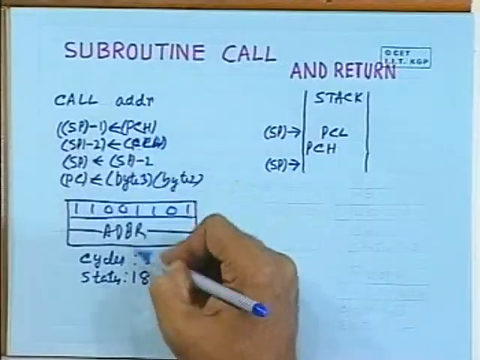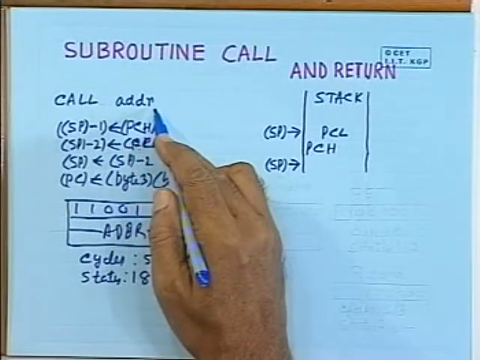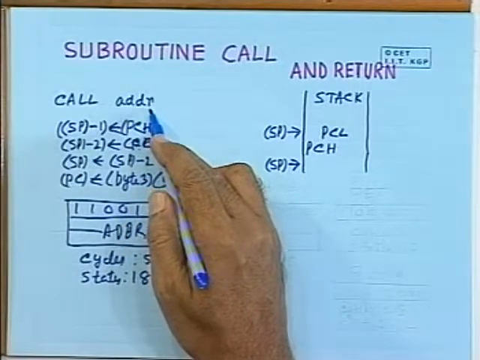Just like the conditional branch and unconditional branch, the subroutine call can also be conditional. This particular instruction which we have discussed right now can be called an unconditional subroutine call. There are situations where the subroutine call will take place based on a condition.